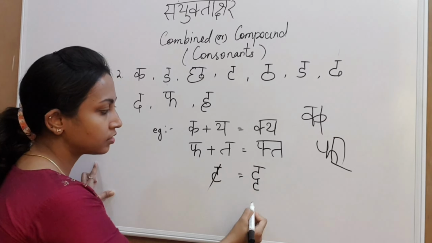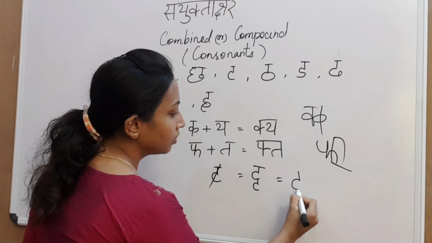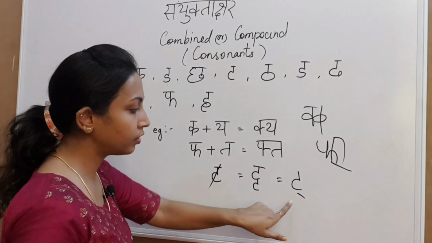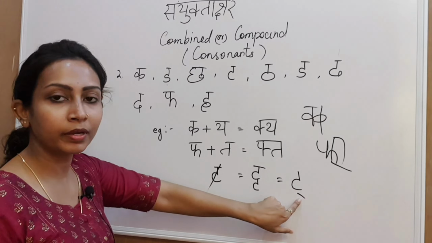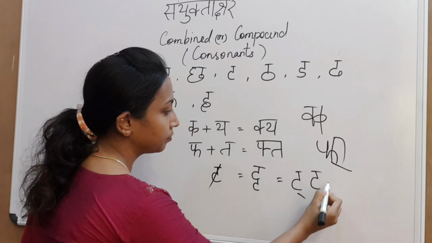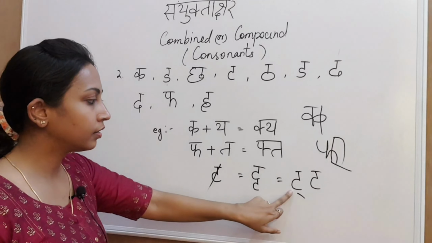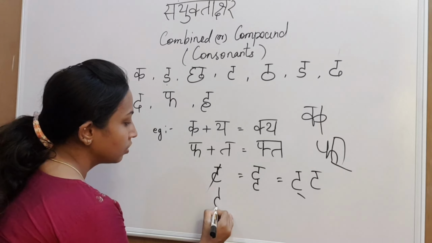You can write like this, or else you can write like it. When you put a small slanting line below ta, it becomes it. You can write like this.